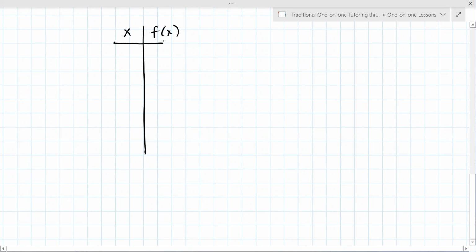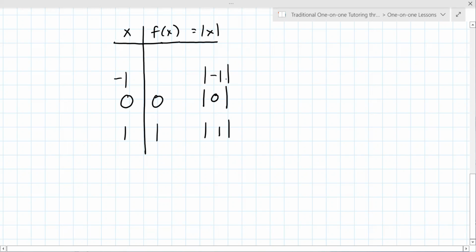Now the way this table works is x and then f of x equals the absolute value of x. So what you do is you take an input, like let's say it's 0, and you first determine what is the absolute value of 0. 0. Okay. How about 1? What is the absolute value of 1? Just 1. How about -1? Positive 1.